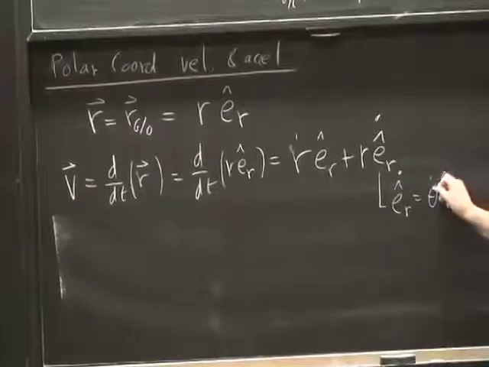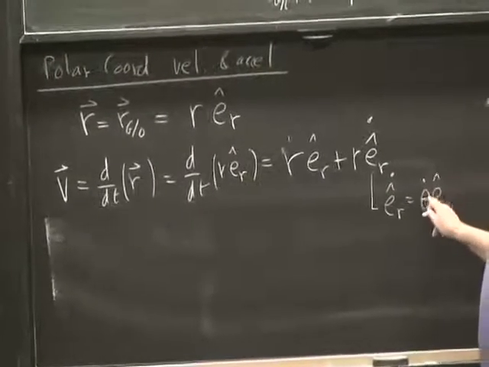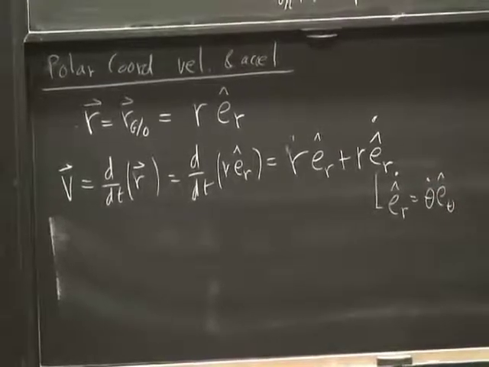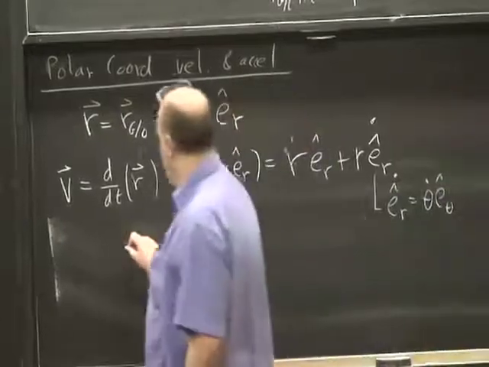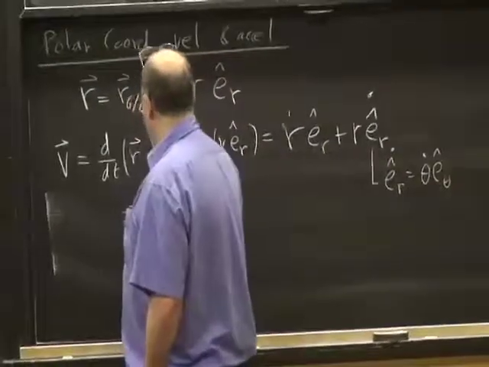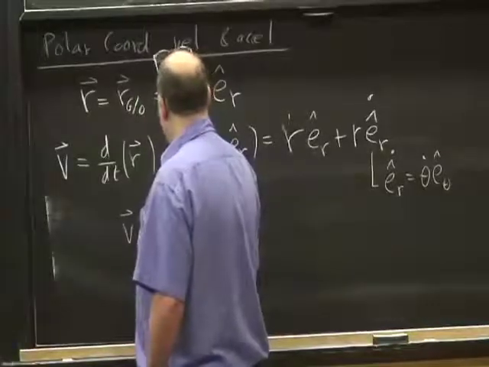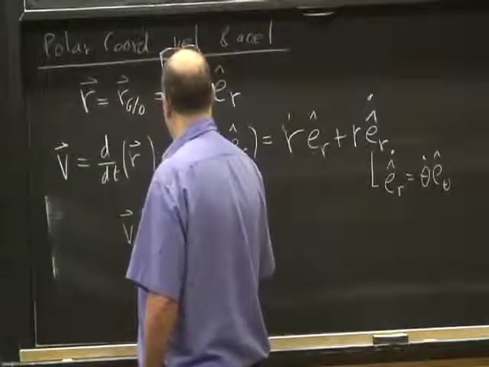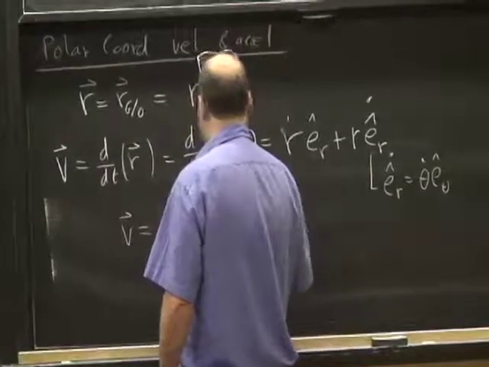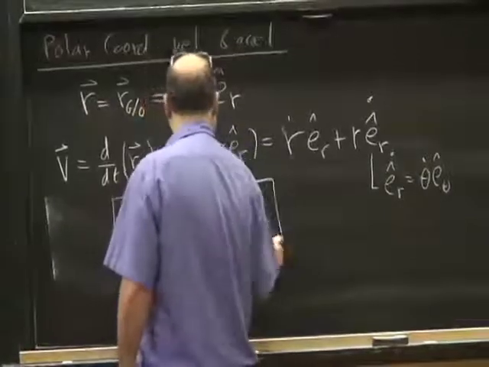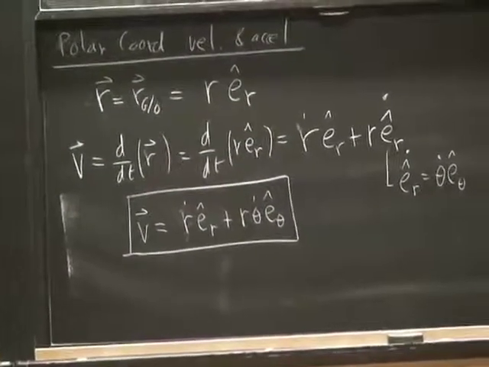The rate of change of a unit vector is a vector perpendicular to that unit vector multiplied by the rate at which that unit vector is rotating. So that means we can write the velocity of something in polar coordinates as r dot e sub r plus r theta dot e sub theta. And that's a totally intuitive formula.